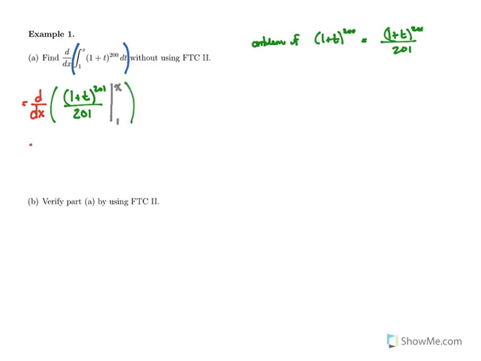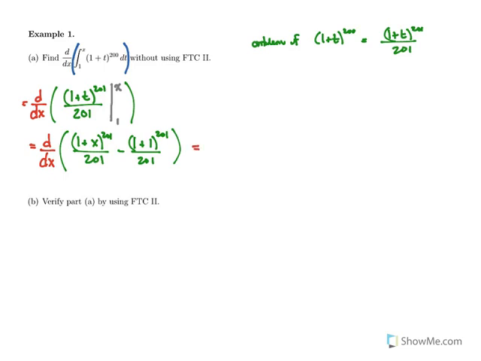We have the antiderivative here, plug in the top bound, that's 1 plus x to the 201 over 201, minus 1 plus 1 to the 201 over 201. And now I need to find the derivative of those things.